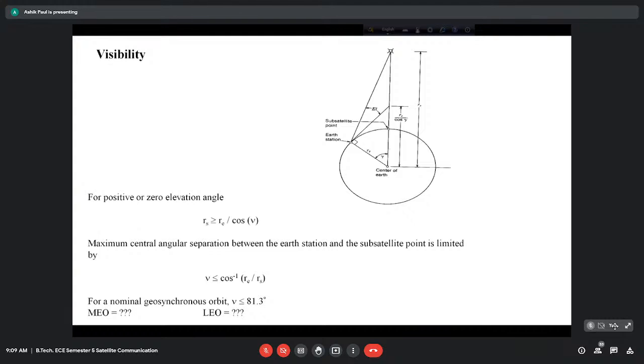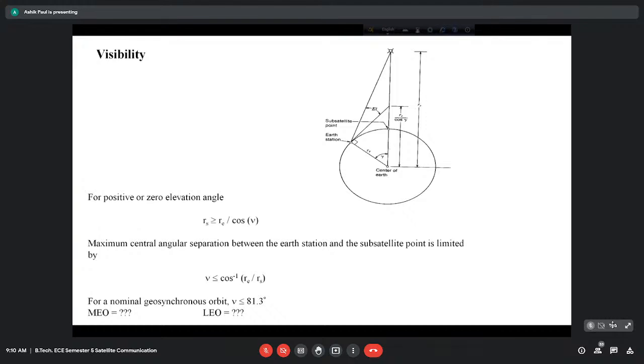That is, as I was mentioning in the last class, not all satellites launched from any location are visible from any point on the surface of the Earth. And because of that, there has to be some kind of a condition to be satisfied, for which a particular satellite launched from a location will be visible to a user.